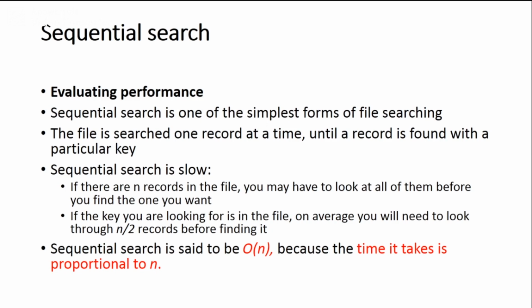Suppose the key you had given is not there in that particular file, then it will search till the end of the file and display that the record has not been found. Sequential search is usually slow. Why? Because if there are n records in the file, you may have to look at all of them before you find the one you want.